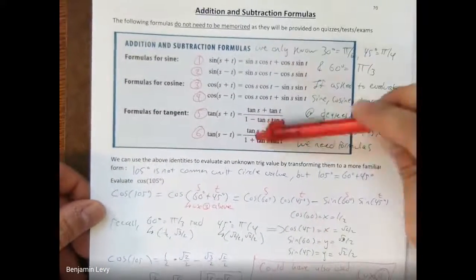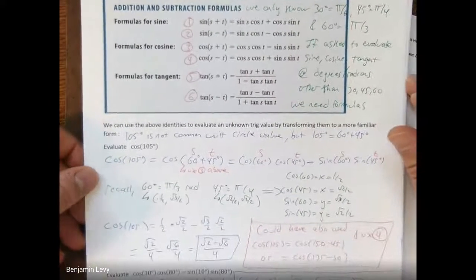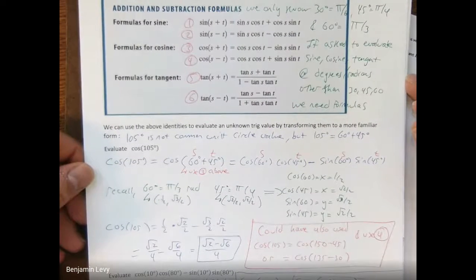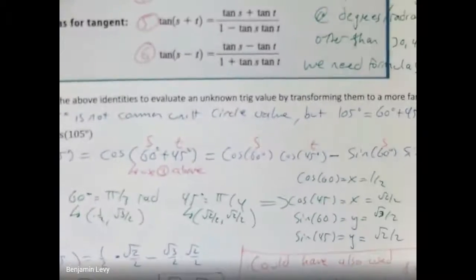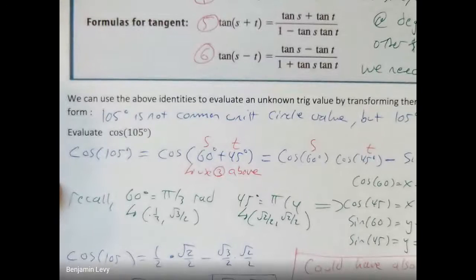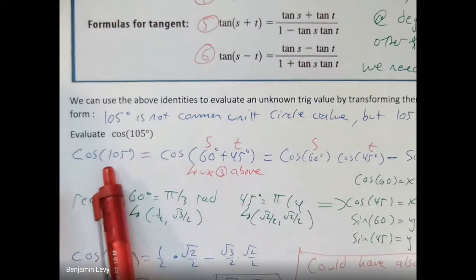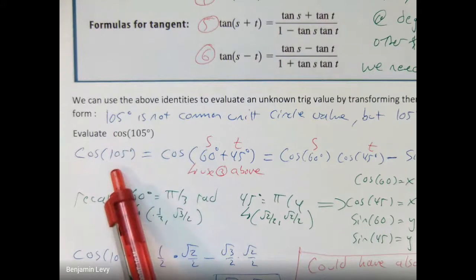The idea behind all the formulas is we can use them to evaluate trig functions at kind of strange degrees, and we can also use them to prove identities. The homework question that was asked relates to a problem like this. If you're asked to figure out what cosine of 105 degrees is, 105 degrees is not one of the places we know on the unit circle, right?